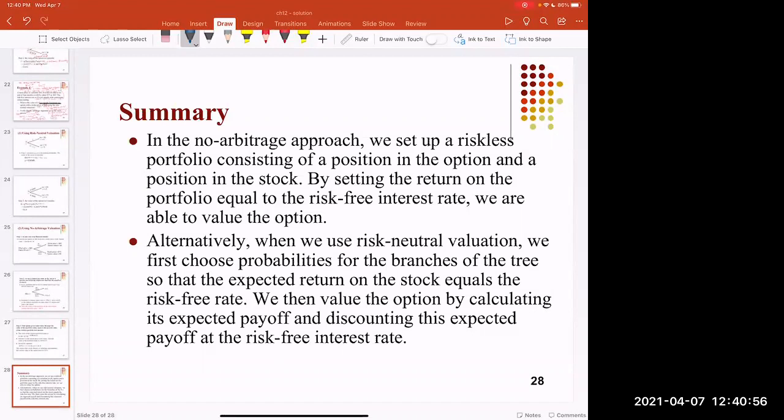We then value the option by calculating its expected payoff and discounting this expected payoff at the risk-free interest rate. Since in the risk-neutral world, everything we do is risk free, using the risk-free interest rate makes our estimation very simple. But in reality, it would be more complicated.